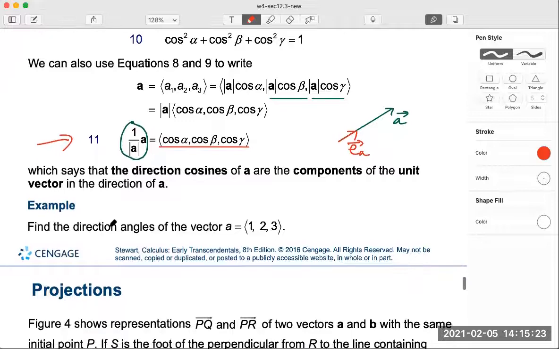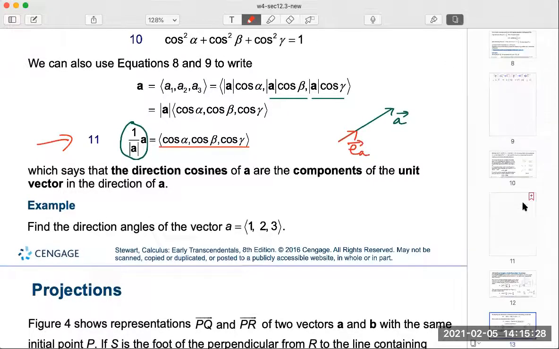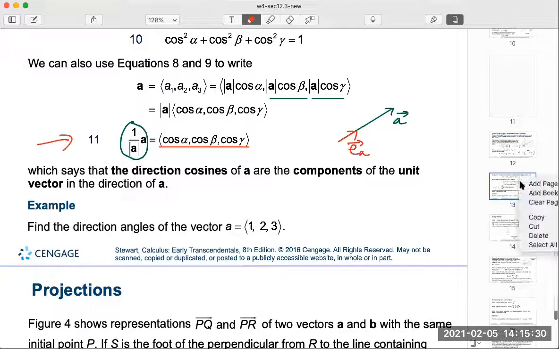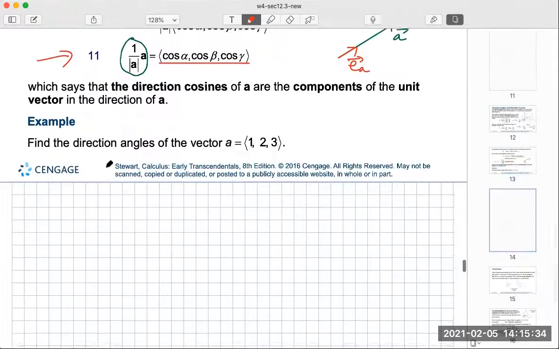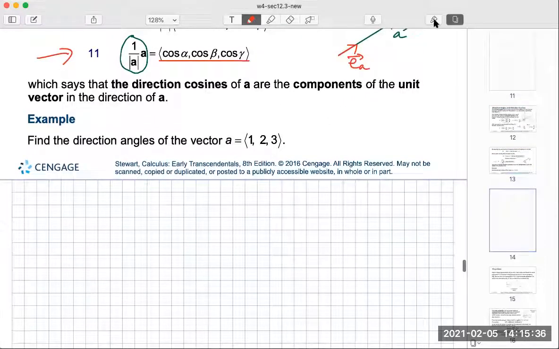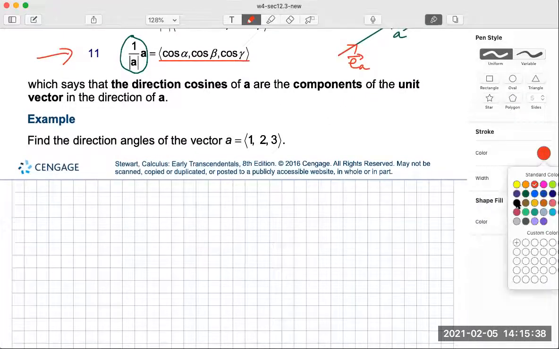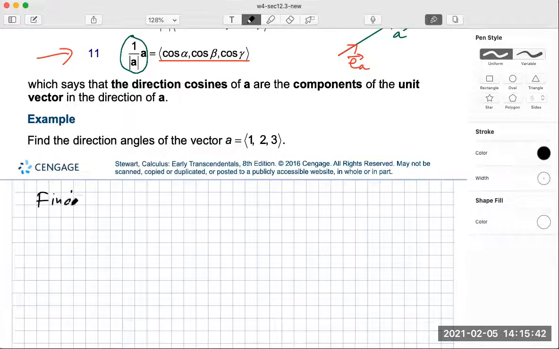So now let us find the direction angle of the vector A here. So we want to find the direction angle of vector A. So let us find the unit vector in the same direction, right?